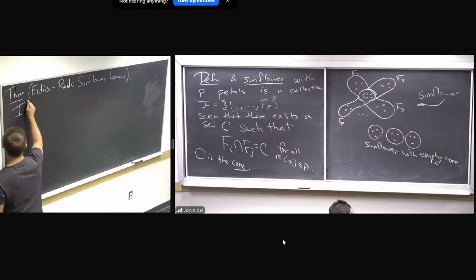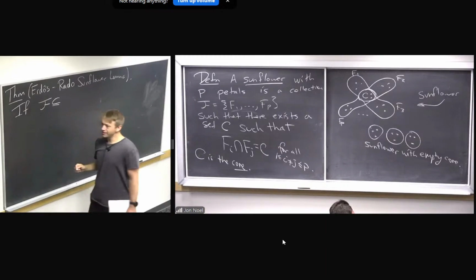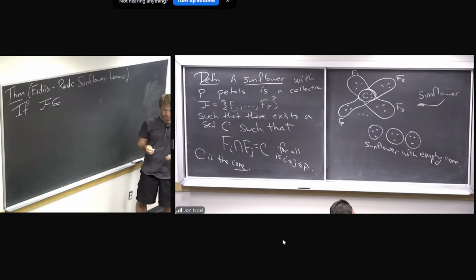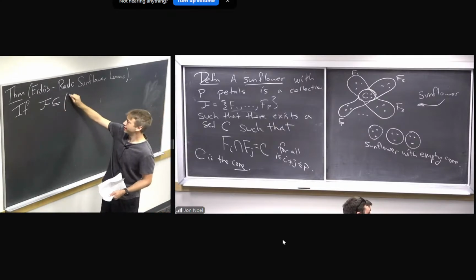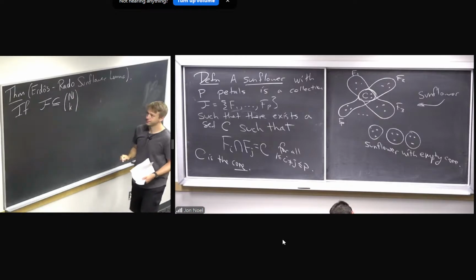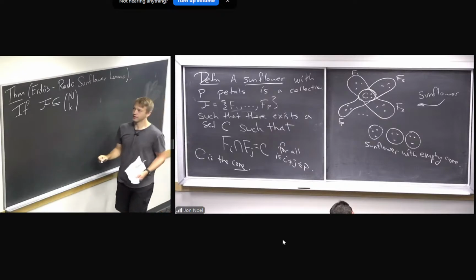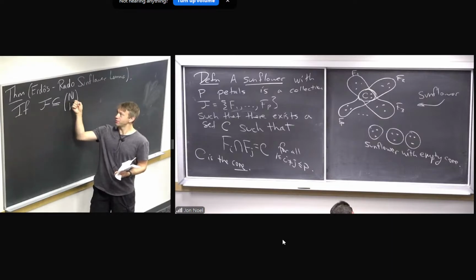In this case, last time for Erdős-Rado, we were taking subsets of the numbers 1 up to n. In this case, I don't actually care what the ground set is. We can actually take these in an infinite set. So I'm going to take a collection F in the natural numbers choose k. If we remember from last time, these are just sets of size k which are subsets of the naturals, right?